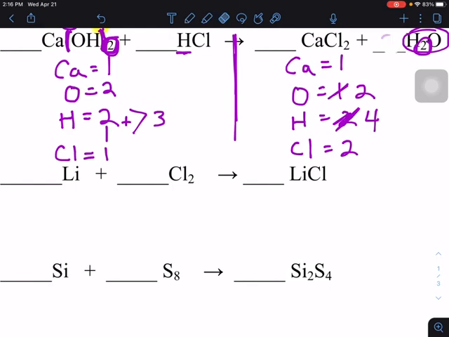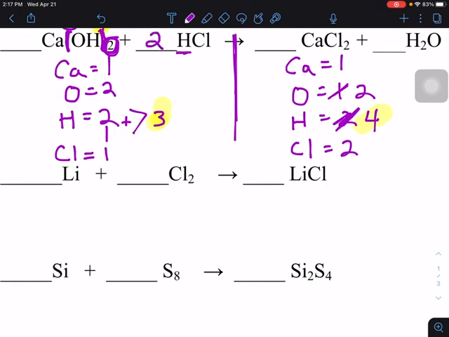What does that do for us? So we're still at 1 calcium. Now we're at 2 and 2 for the oxygen. The hydrogen, we've got 3 hydrogen and 4 hydrogen. So what do we need to do to balance the hydrogen? We need another one here. The chlorine, oh yeah, the chlorine's also not balanced, so it looks like the HCl is going to need more.